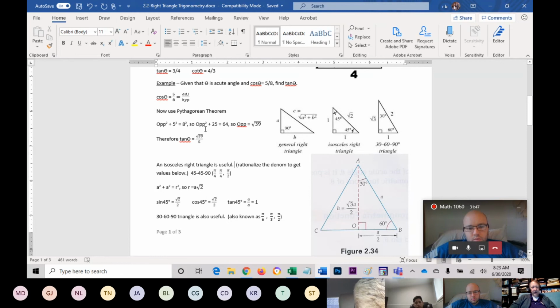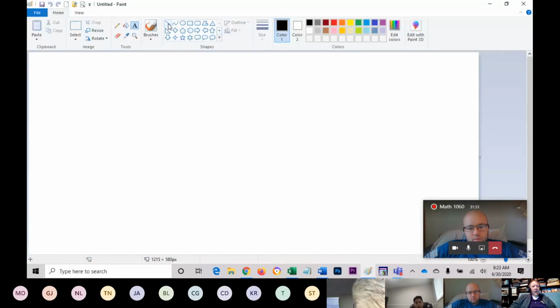So, in fact, let me do it this way. If I have an isosceles right triangle here, both legs are the same length. And then this is my right angle here.